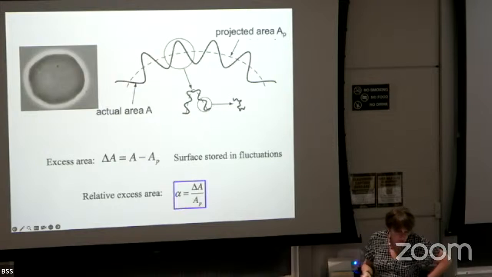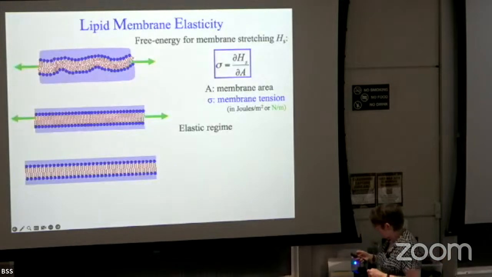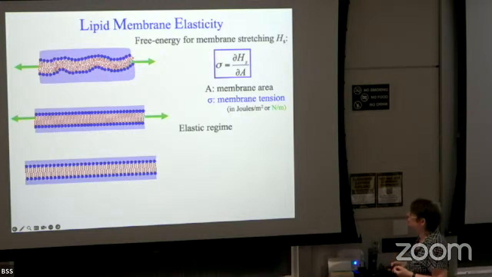So practically, what we would like to do is to define a parameter which corresponds to the variation of energy of the membrane when you change the area, and this parameter is called membrane tension, right?